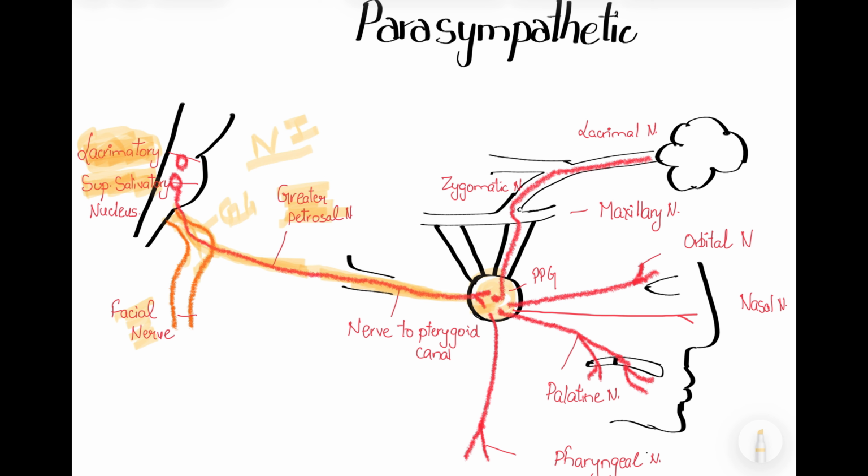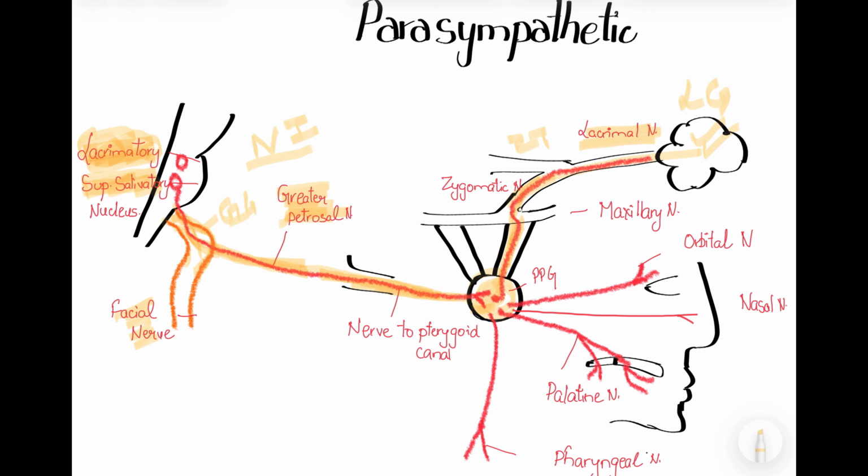After relaying, the fibers go into one of the roots of the maxillary nerve, through which they enter the lacrimal gland. Through the maxillary nerve, then the zygomatic nerve, then the zygomaticotemporal nerve, then via the lacrimal nerve, they supply secretomotor fibers to the lacrimal gland.